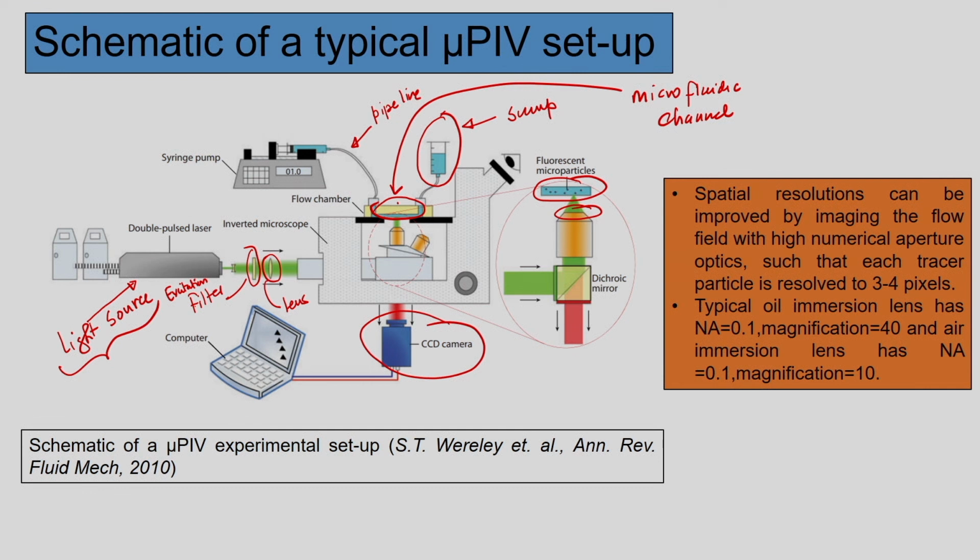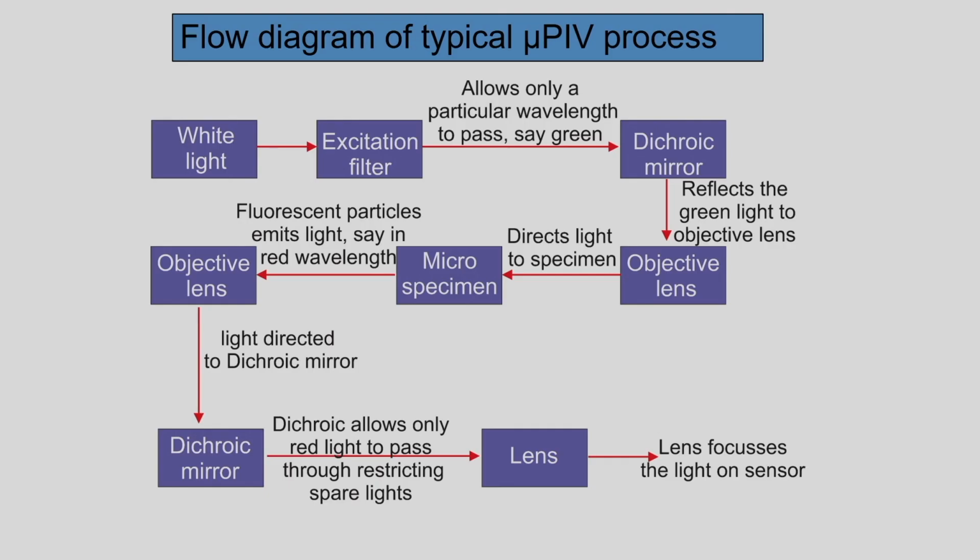The green light coming from the excitation filter will be reflected by the dichroic mirror, and the reflected light will illuminate our specimen through the objective lens.